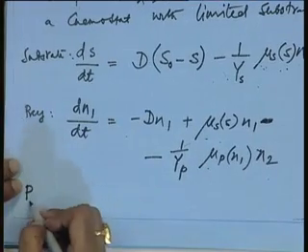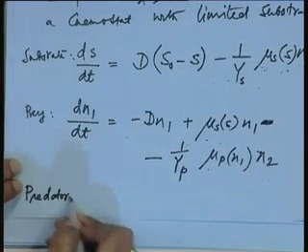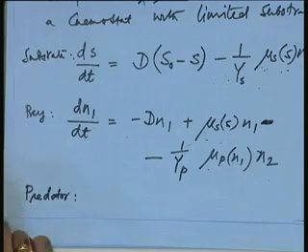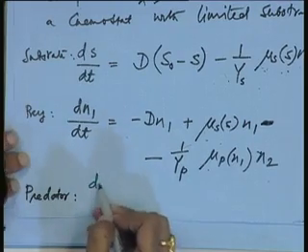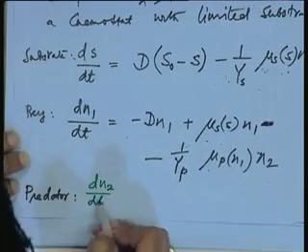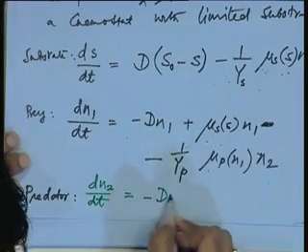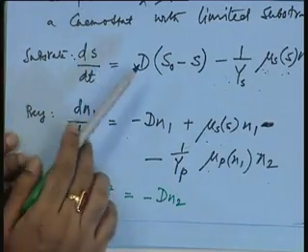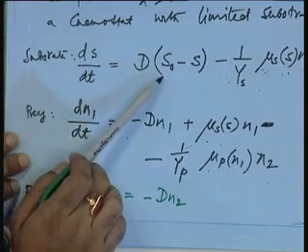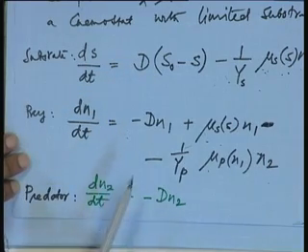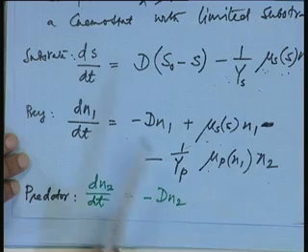And then we have to write the model for the predator. I hope you can see it here. Let me write this in green. So, dN2/dt equals minus D N2. Why is there no entrance? For the substrate there is an entry term D S naught, but for the prey and the predator there is no entry term, because no prey or predator is entering the system, only the substrate is entering.